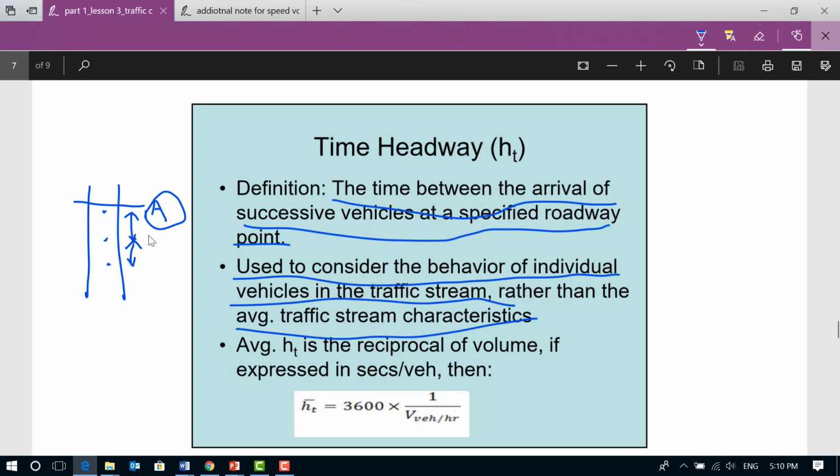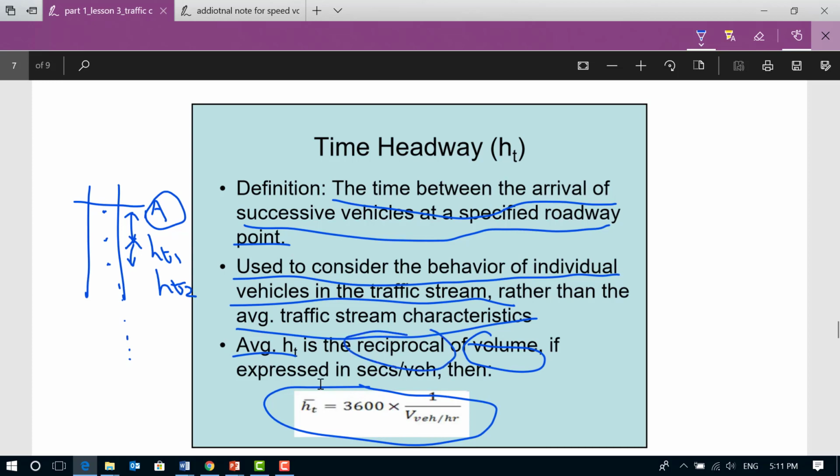If you know the headway between each vehicle, then finally you can calculate their average headway among all those vehicles. We calculate their average time interval. So how to calculate the average? The calculation is very simple. It's the reciprocal of volume.